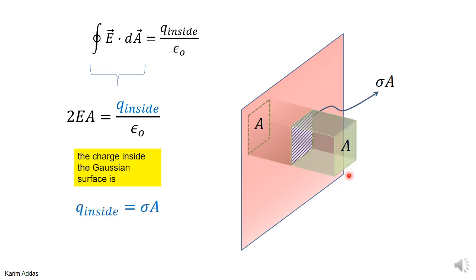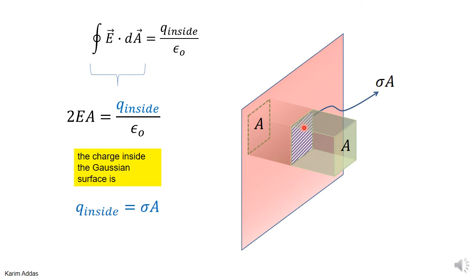If you make this volume a little bit transparent, you can see that the intersection of the rectangular volume with the sheet is a square. The surface here, assume it's like a square, and so the area of this square is exactly the same area as the front face, is exactly the same area as the back face, and so the amount of charge there is simply sigma times A. Sigma is the charge per unit area.